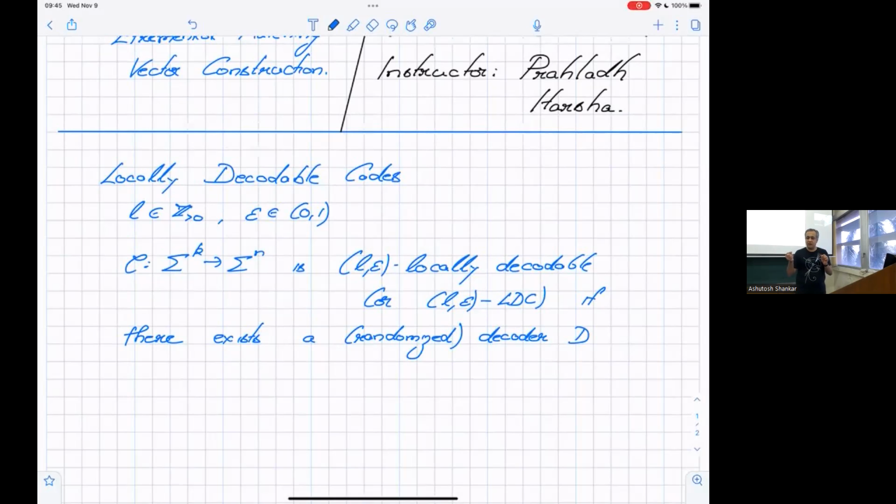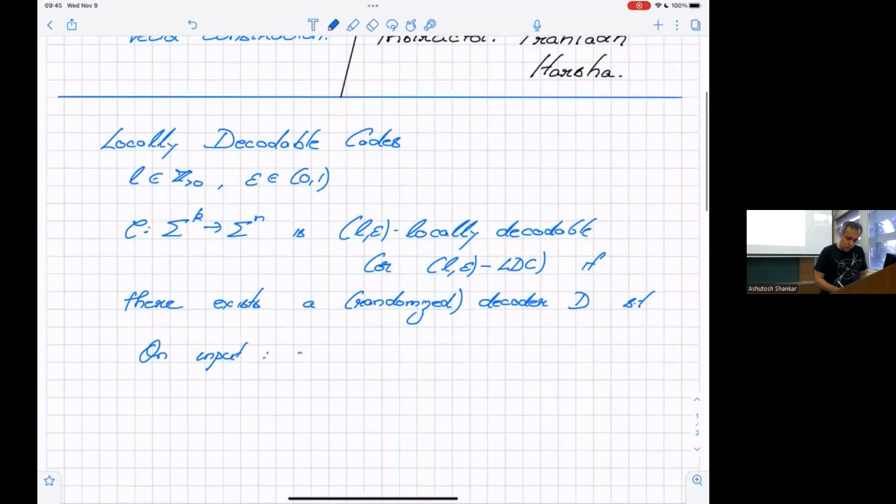It only gets oracle access to the received word y. Since it's oracle access, I'm going to view y as a function from [n] to sigma. For every codeword location, it tells you the symbol, but you get only oracle access.